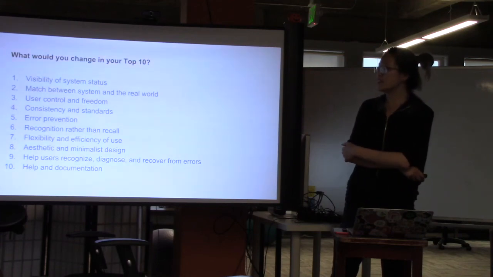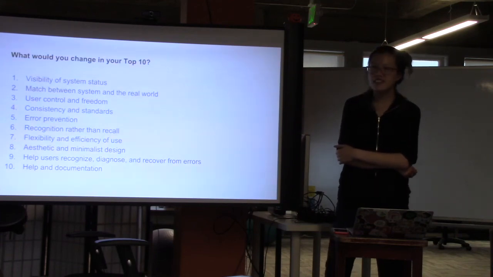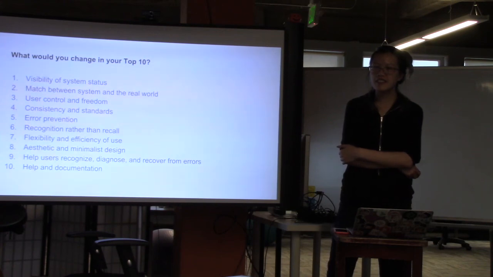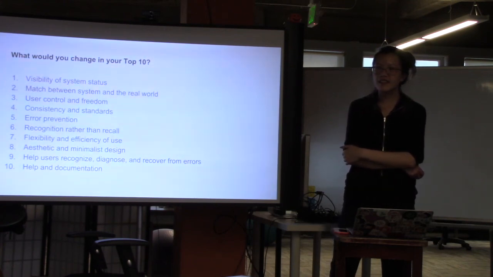How about something that Snapchat does not do well? Well, the help and documentation is incredibly lacking throughout the interface. It's not clear what you need to do in order to go to a filter, for example, or how to access a filter. It's not clear how to diagnose if something went wrong.